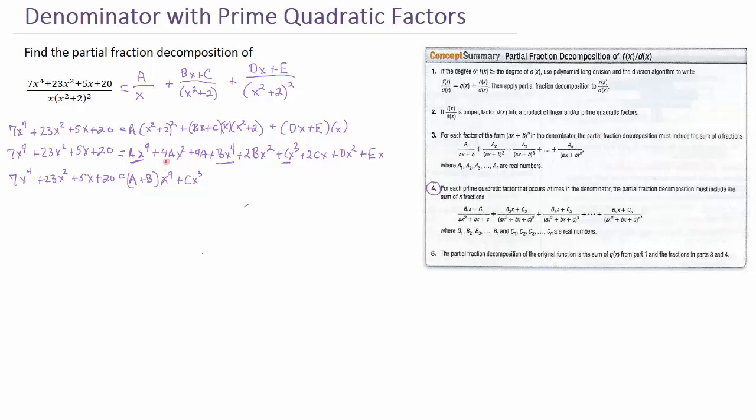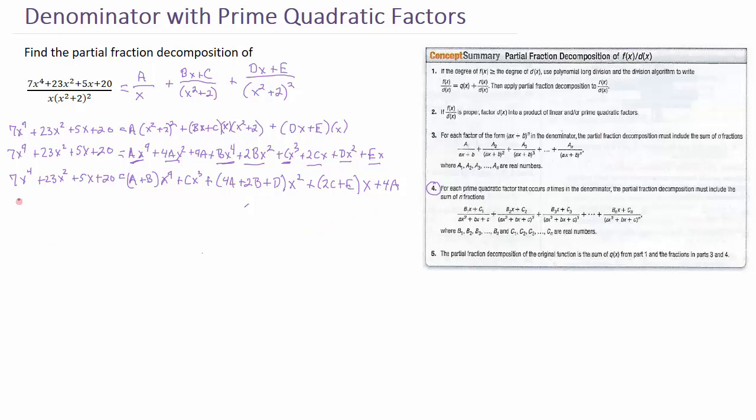But we have 1, 2, 3 x squared terms. So plus 4A plus 2B plus D x squared. And we have, look at that, 2 x terms. So plus 2C plus E x. And the only constant term we have is this 4A right here. So plus 4A. It's going to be very important that you organize things.